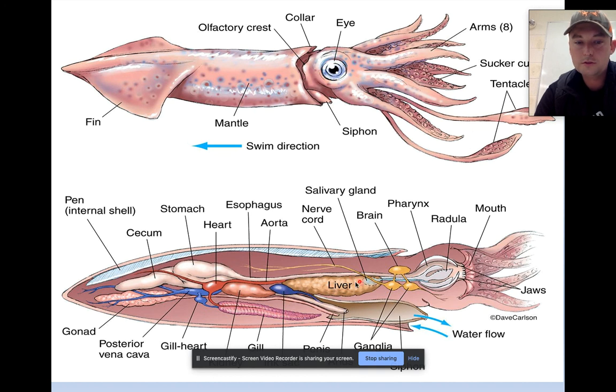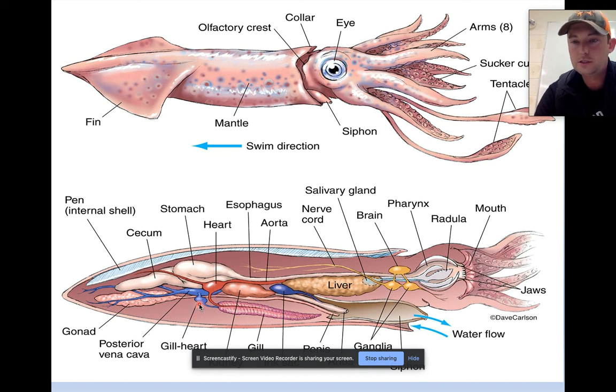The liver, stereotypically, is usually one of the larger organs internally. They actually have 3 hearts, and if you follow the gill, you're going to have a branchial heart, which they call here a gill heart, and a systemic heart.